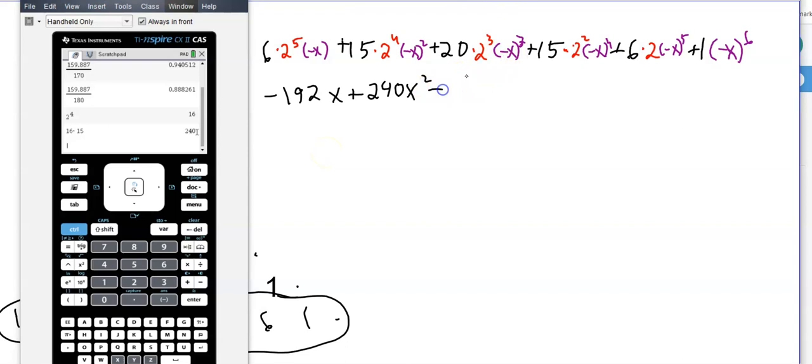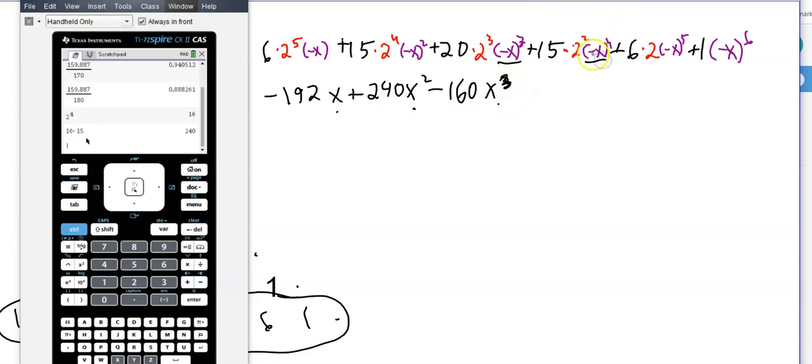This one's going to be negative because we have a negative to an odd power. And this is 20 times 8, which is 160. So 160, and this is x to the third, actually. You can see it goes up: x to the first, x squared, x cubed. It's going to have a pattern to it, so you'll catch your mistakes here.